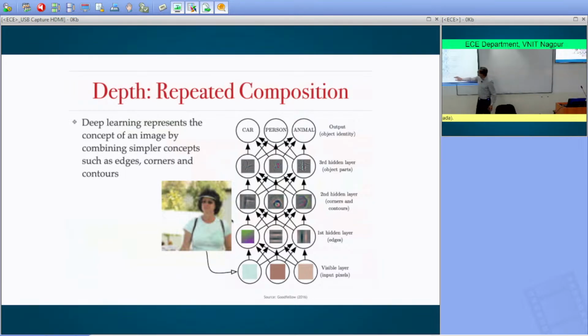For instance, in this neural network, the first layer identifies the visible layer from the image. The second layer, or the first hidden layer, identifies the edges of this image. The third layer, corners and contours, and then the fourth layer, different parts of the object, eventually letting you know whether the image is a car or a person or an animal. That's the way to think about or interpret these neural networks.